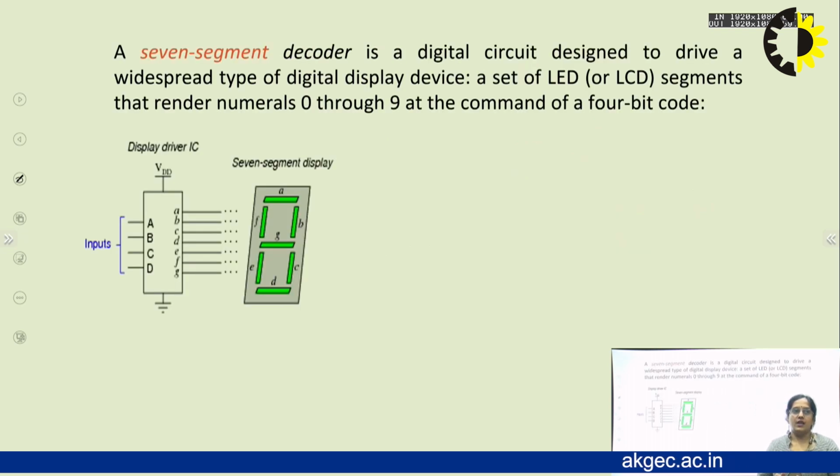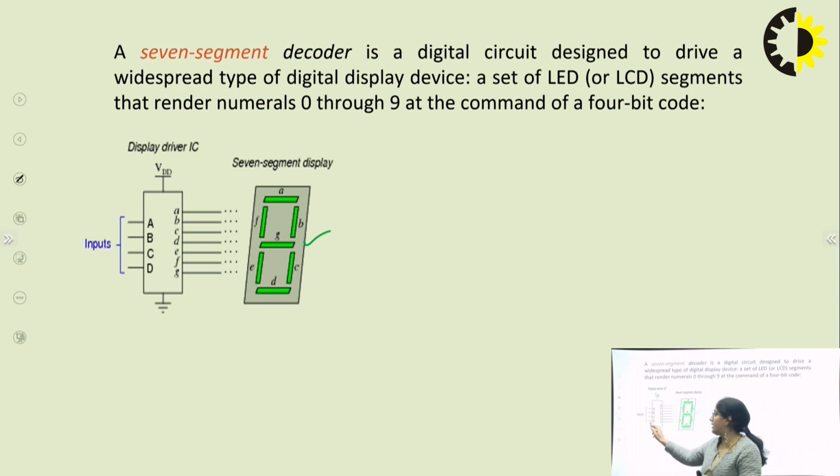So for this we will have an example of a 7-segment decoder, where we are representing our numbers on an LED display or LCD display, where we now have to represent numbers from 0 to 9 only. Here we have 4 variable inputs, so there will be 16 combinations.